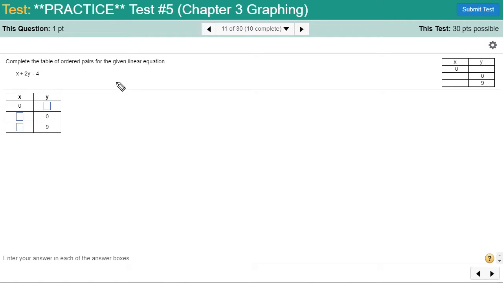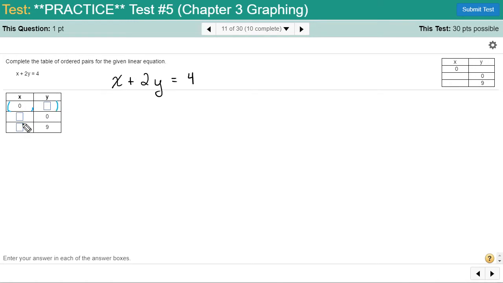So we're going to be using the given equation x plus 2y is equal to 4. And first things first, we want to find the missing y value for the first ordered pair in the first row. If it helps you, you can think of this as an ordered pair traditionally given to us as an x comma y.